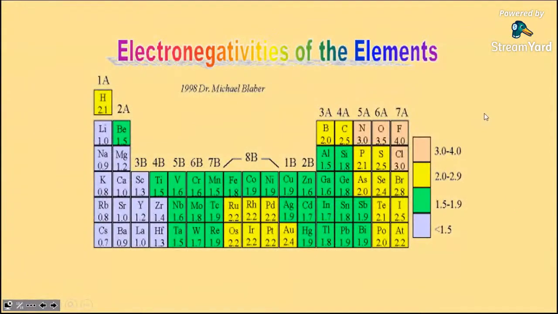So take a look at this table of electronegativities and think for a moment, what type of bond would form if I combine, say, lithium with chlorine? Is that going to be ionic or is that going to be covalent?